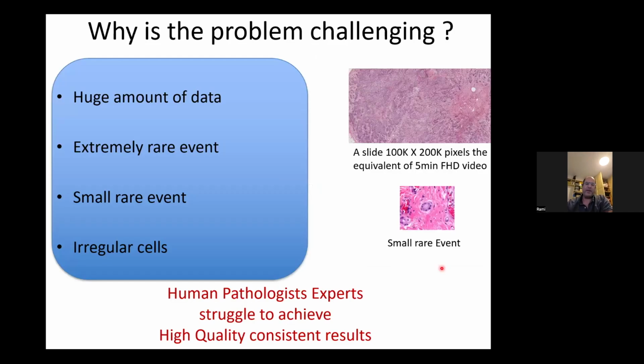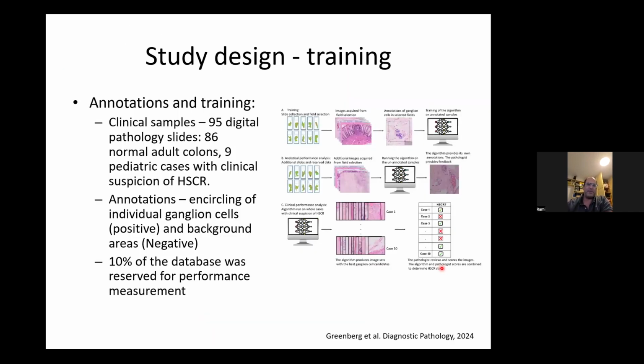Can you go back to the previous one, just to say something about the numbers? So 9 Hirschsprung cases, that's approximately what Dov could provide back then. And then we took 10 times normal adult colons. They are very different.